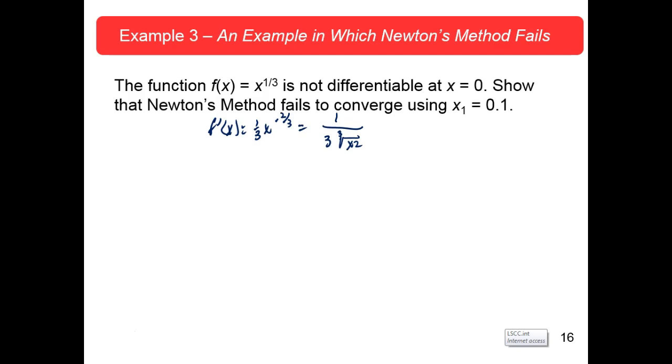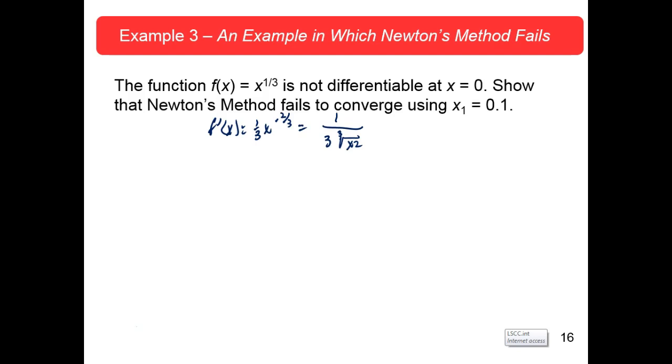Where is that function equal to 0? Hopefully it's pretty clear, isn't it? At x equals 0. And there, the derivative doesn't exist. So this almost, won't quite guarantee it won't work, but it comes awfully close to guaranteeing it won't work. And we'll see why. Okay?